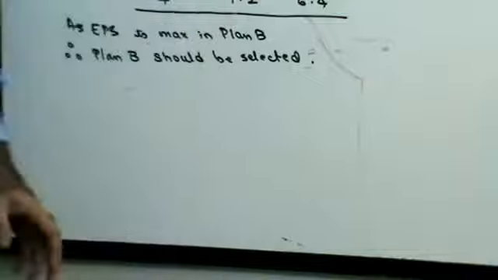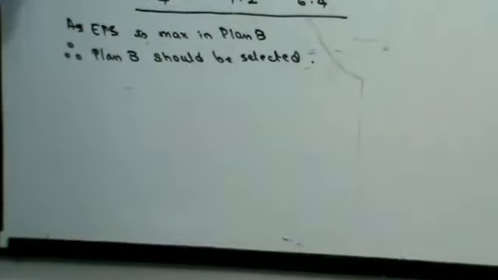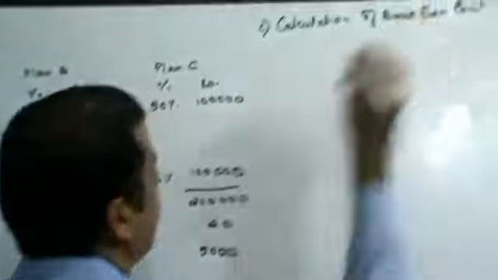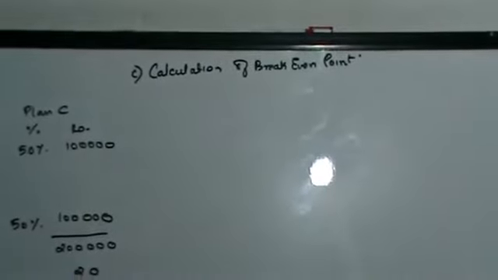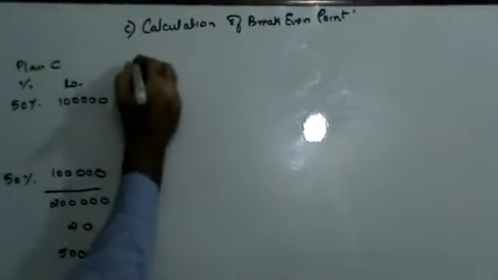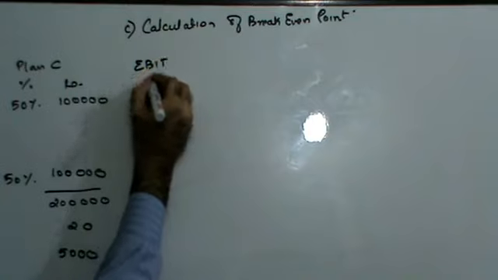Now, let us find out calculation of break-even point. What is break-even point, people? It is a point of no profit, no loss. When the business is in a no profit, no loss situation, then that is called as a break-even point. So let's make the table first.